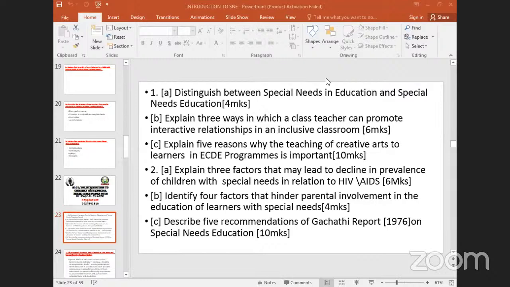Anyone else? I can also say the teacher can group the learners, can mix the learners, not grouping the regular learners alone and the learners with special needs alone. So you mix them up. I don't know.